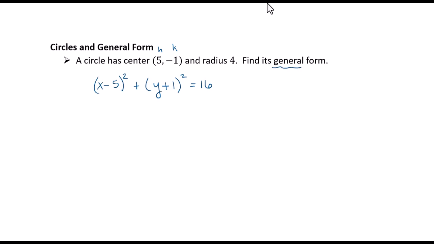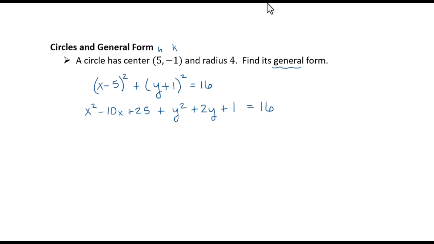If you recall, in the general form, we have no squares of binomials. The only way we can get rid of the squares of the binomials here is to go ahead and apply the square. So we'll have x squared minus 10x plus 25 plus y squared plus 2y plus 1 equals 16.